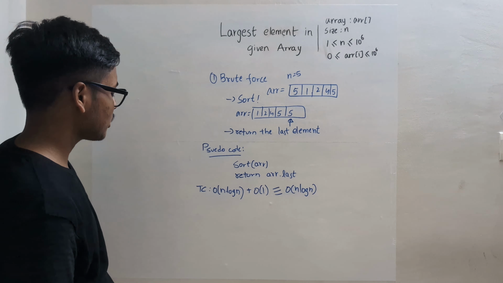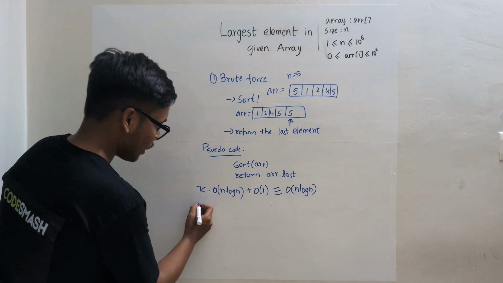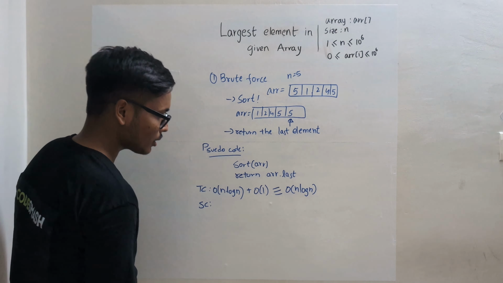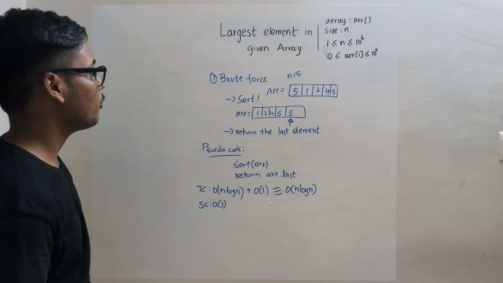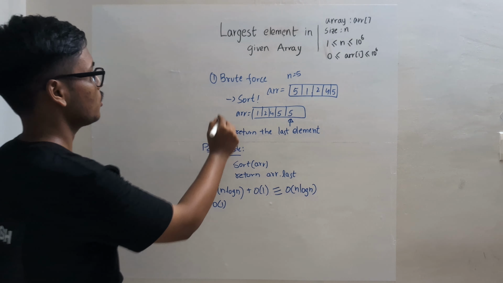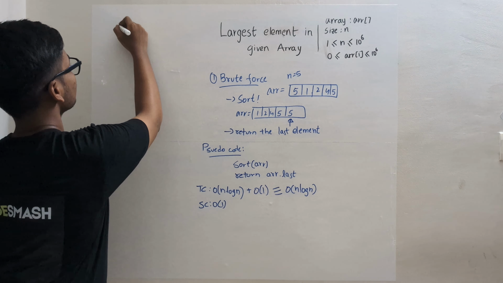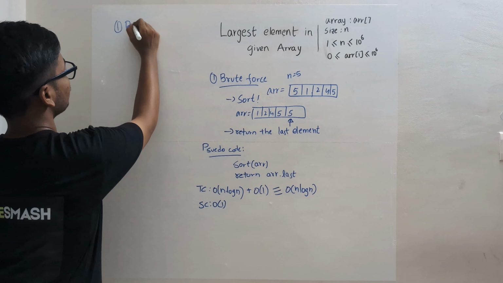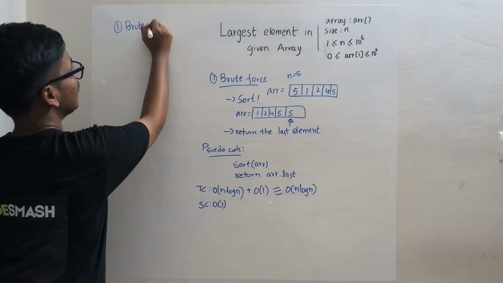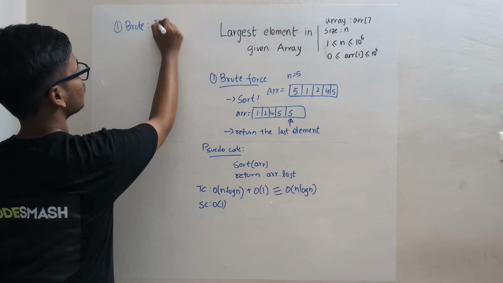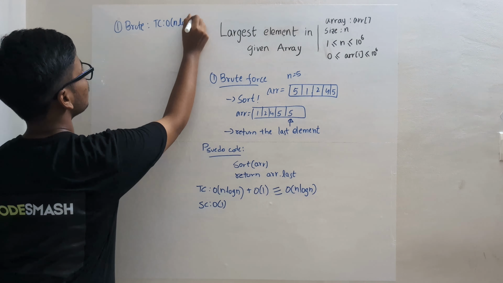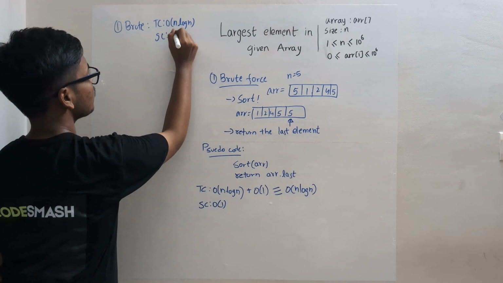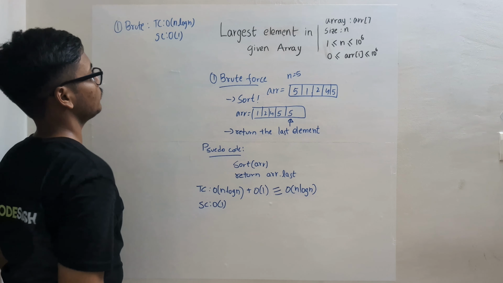As we are not using any external space for this approach, the space complexity will be O of 1. So for the brute force approach, the time complexity is O of n log n and the space complexity is O of 1.